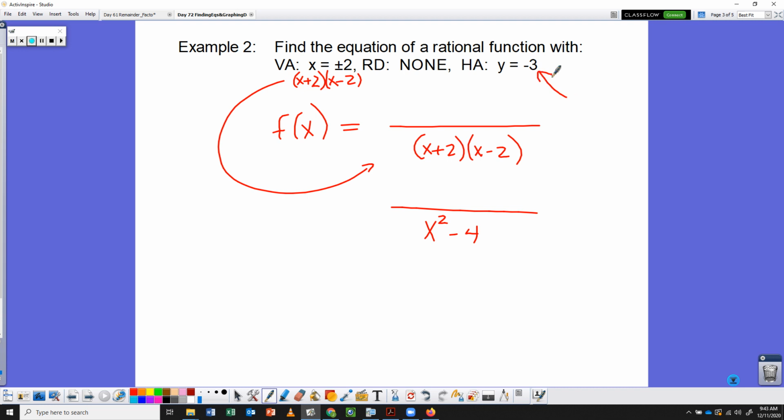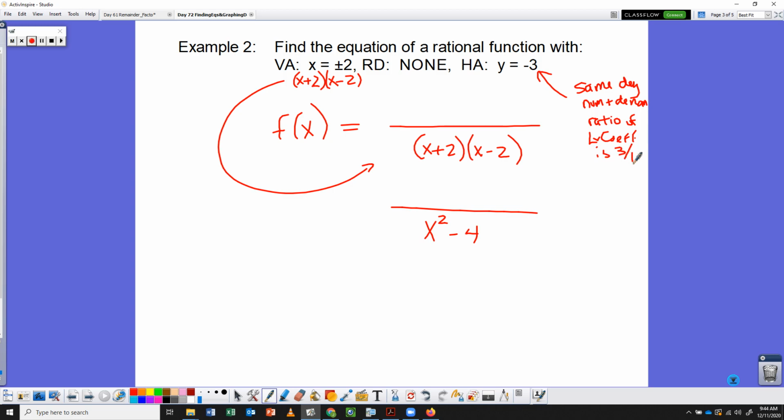This means the only way that you get a horizontal asymptote of y equals negative 3 is that you have to have the same degree in the numerator and denominator, and the ratio of leading coefficients is 3:1.